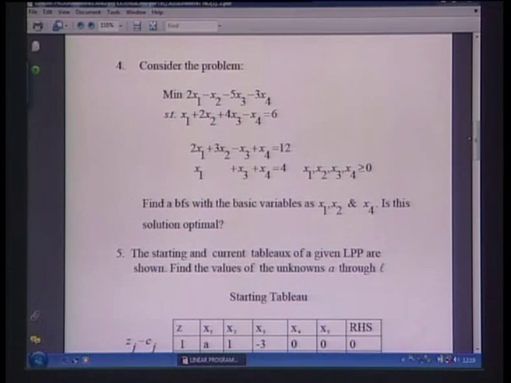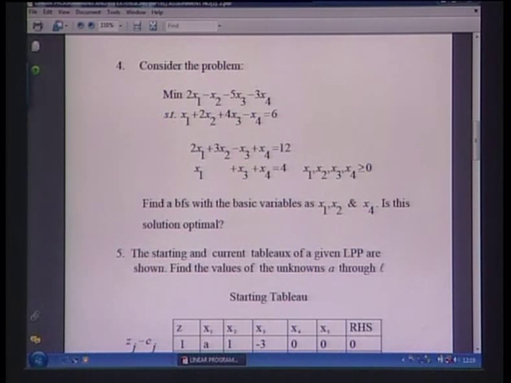Now, in problem 4, I have stated a linear programming problem, and I am asking you to find a basic feasible solution with the basic variables x1, x2 and x3. Basically, I want you to be familiar with the pivoting rules, and then work it out. You want to bring in x1, and of course in this order: x1 will be the first basic variable, x2 will be the second basic variable, and x4 will be the third basic variable.